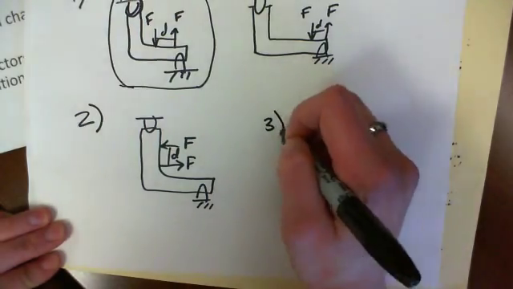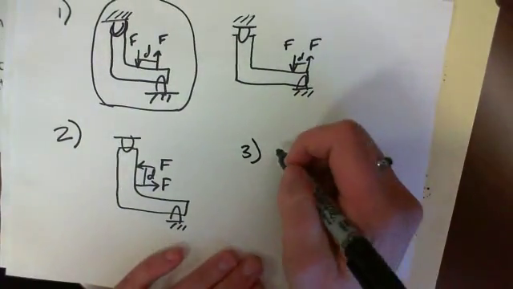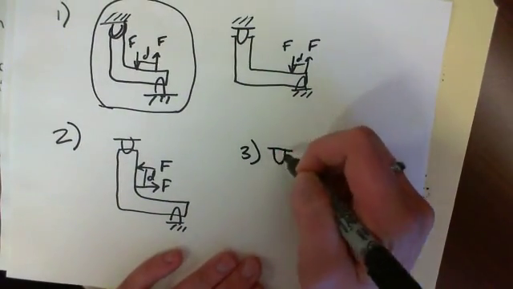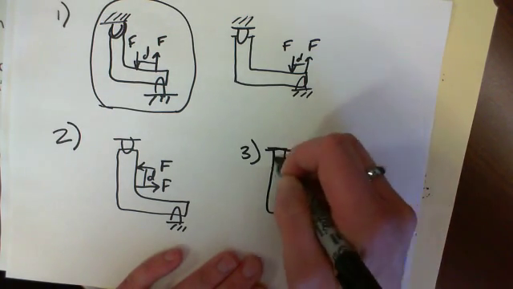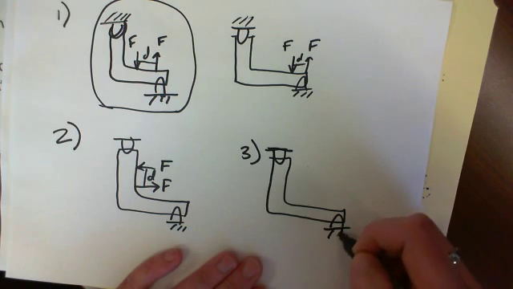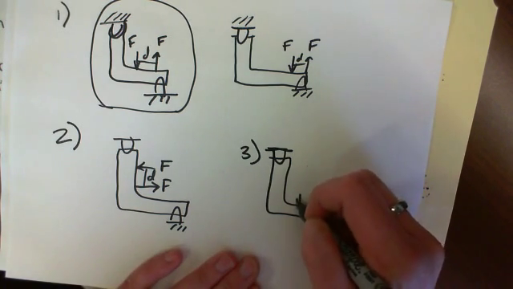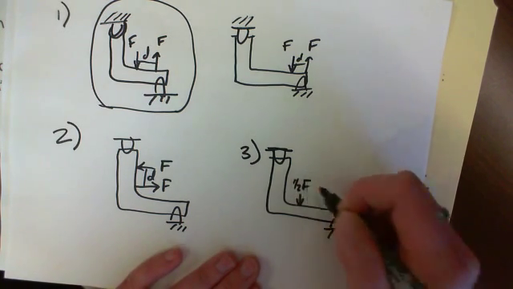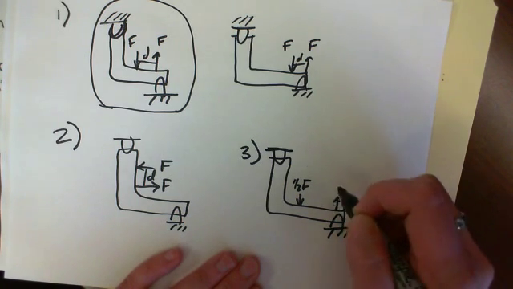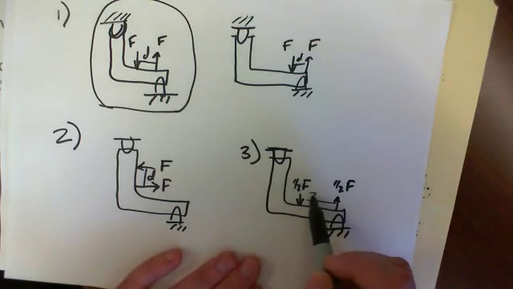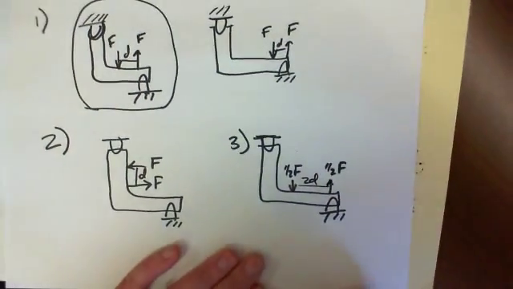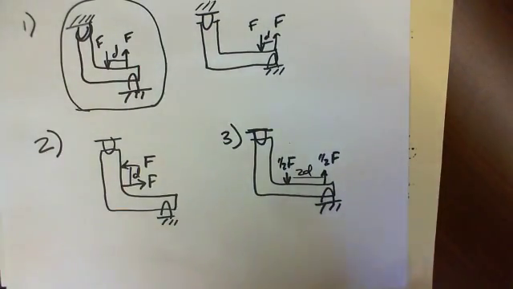And then finally, I could also transform that same thing by making my two forces half, for example, which would mean then my distance would need to be double to have that same magnitude. So these are the 3 major transformations that you can do.